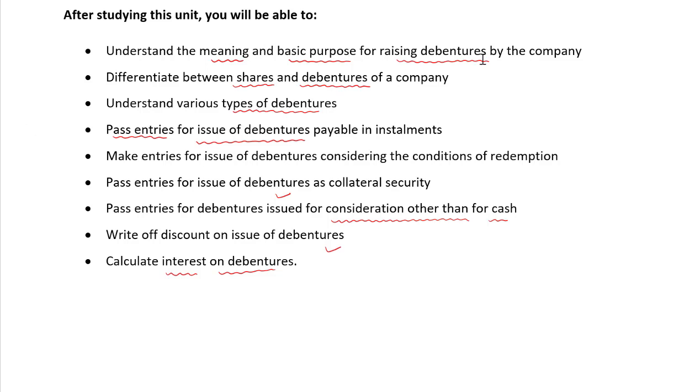We have seen the meaning and basic purpose of raising debentures, difference between shares and debentures, and types of debentures. We have learnt the passing entries of issue of debentures, payable in installment, entries for issue of debentures considering the condition of redemption, and the entries for the issue of debentures as collateral security.